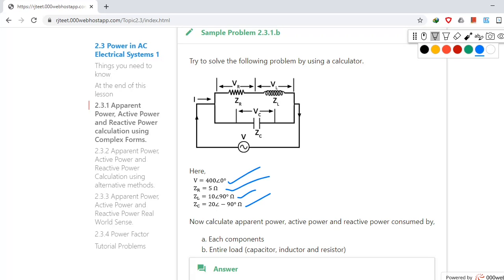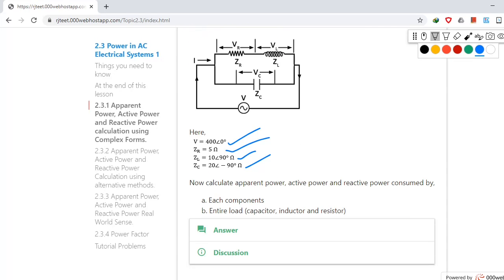It's a bit complex problem compared to the previous one which we solved. Here we have a parallel connection as well, and again what we have to calculate is the active, reactive and apparent power components through each load first and then through the entire load.